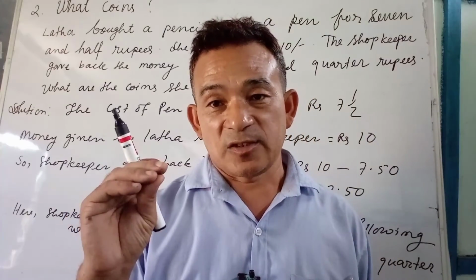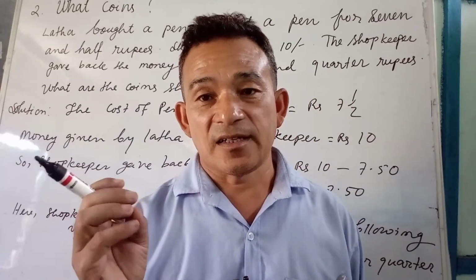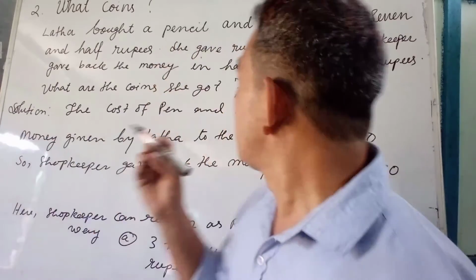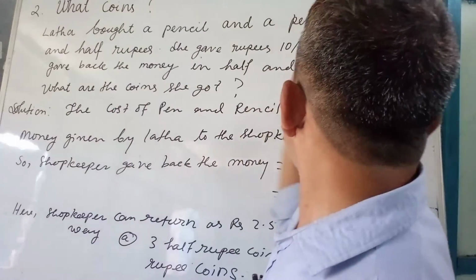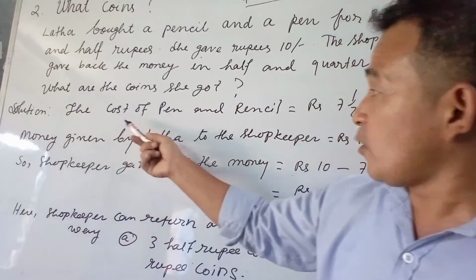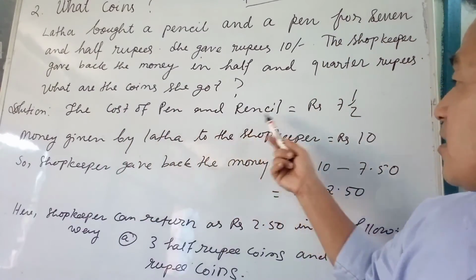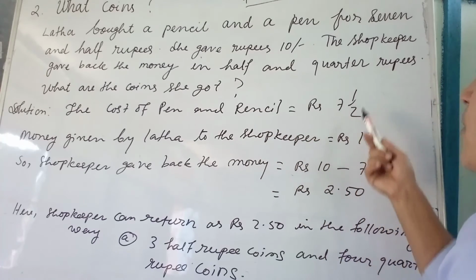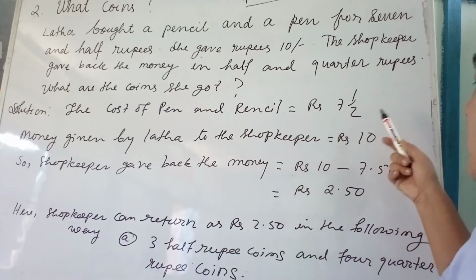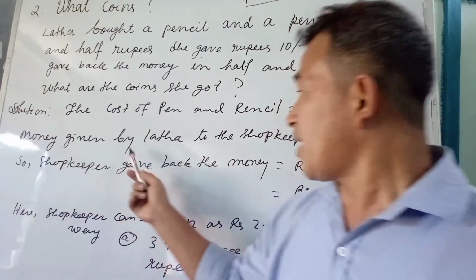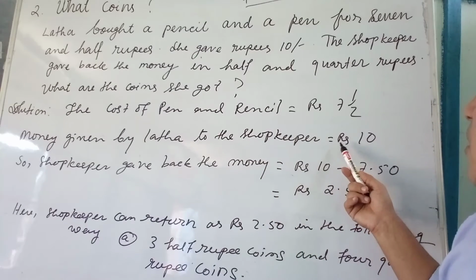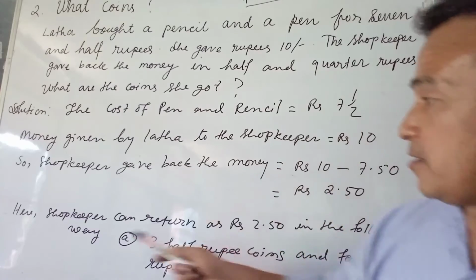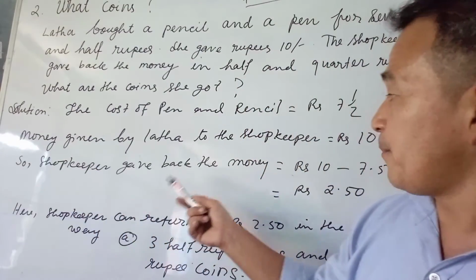It means the shopkeeper gave Latha a number of coins, that is 50 paise coins and quarter rupee coins. The cost of the pen and pencil is rupees 7 1/2, which means 7 rupees 50 paise. Money given by Latha to the shopkeeper is equal to rupees 10.